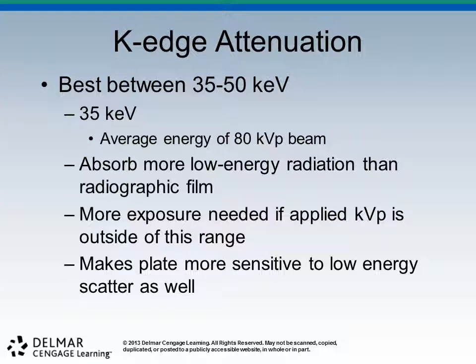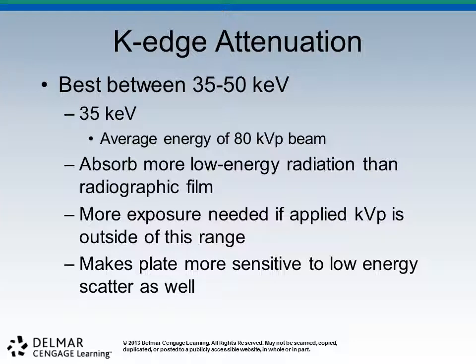We want to stay inside that range. The best that we can do is between 35 and 50 keV. Now remember, this number is indicative of the average energy of the beam. Remember that kVp, even 100 kVp, has an average energy of around a third or so. So when you're using higher kVps, you're just barely popping into this range here.